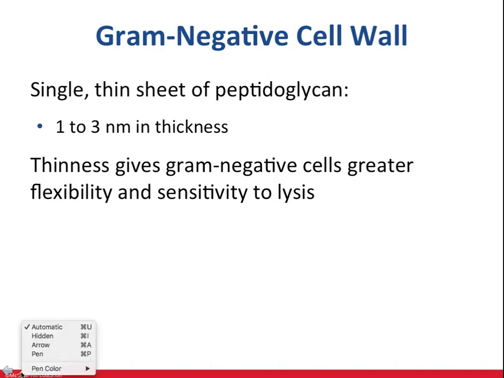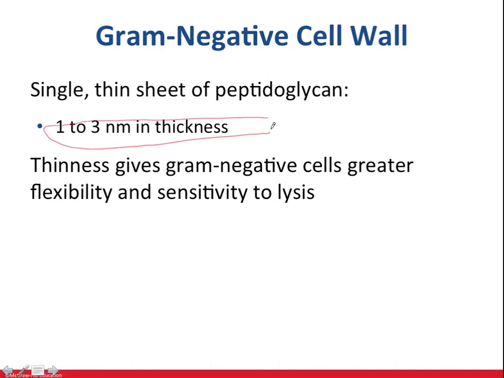It's 10 or 20 times thinner than the gram positive cell wall. Since it's very thin, it cannot host too much gram dye, so it is decolorized and stained as gram negative.